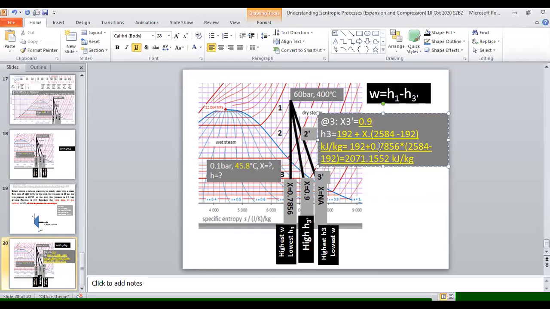So you substitute 0.9 here. Now you can get H3 dash. Understand?